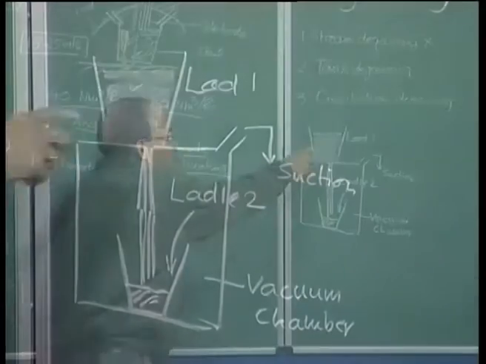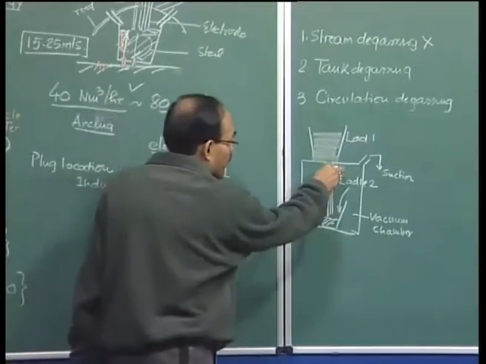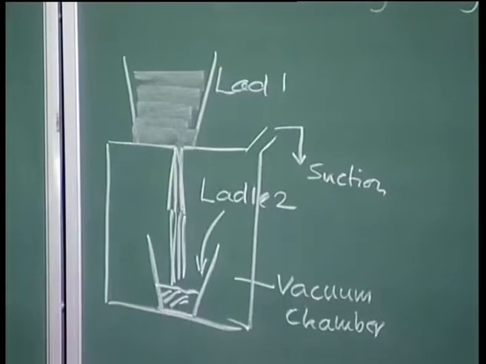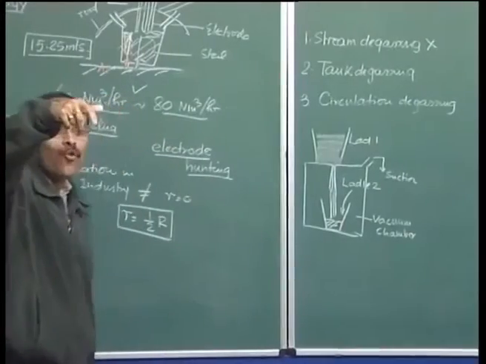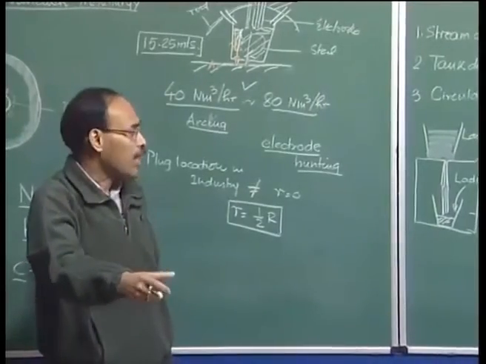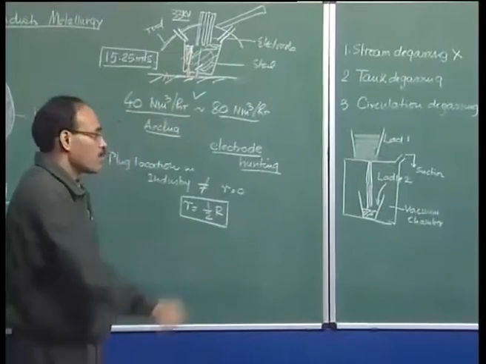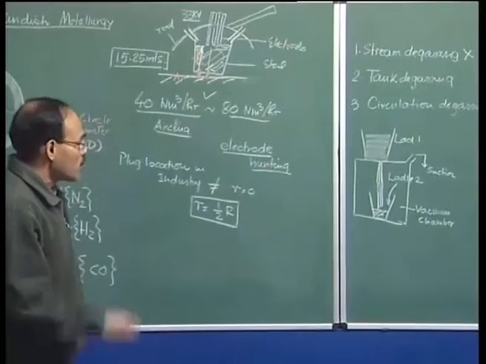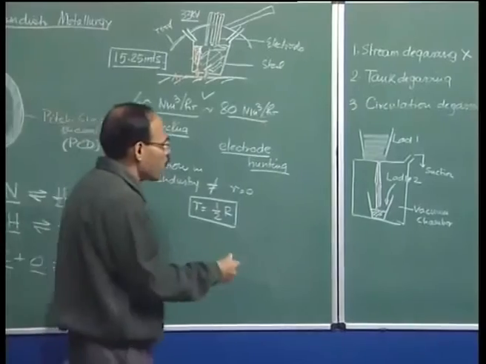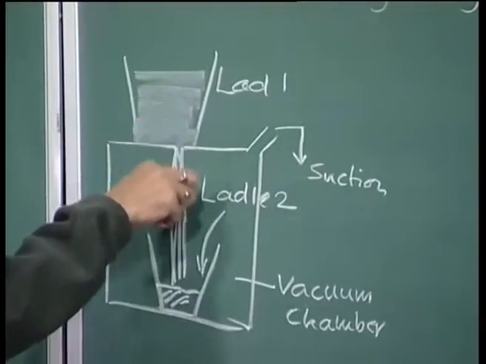So, when the metal falls from here to this place, the stream is not coherent. You have seen that if you open a tap, the water stream from the tap is highly non-coherent. It does not fall like a cylindrical shaped one. So, there are droplets. There is a large formation of droplets as the material falls there.